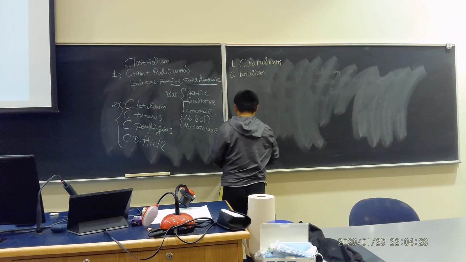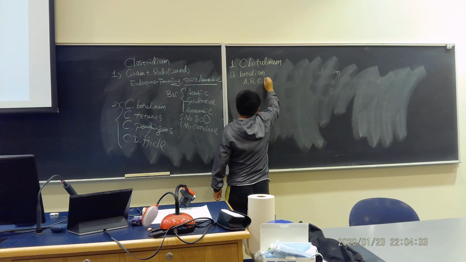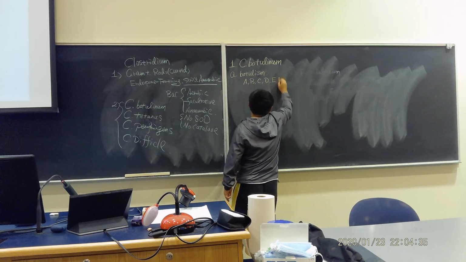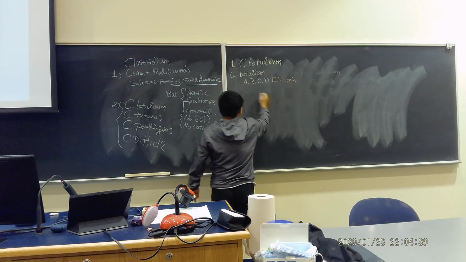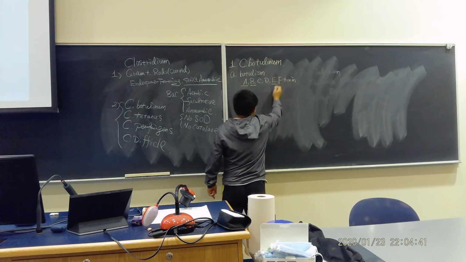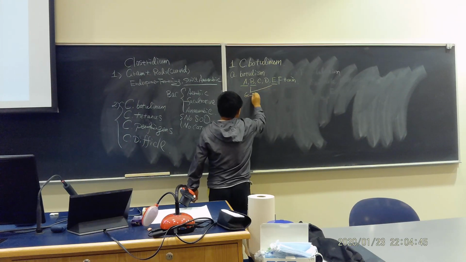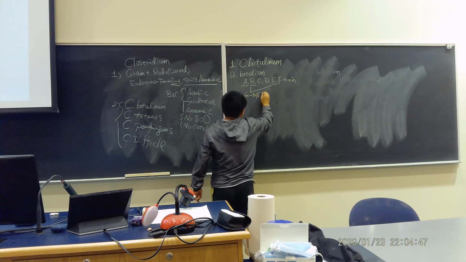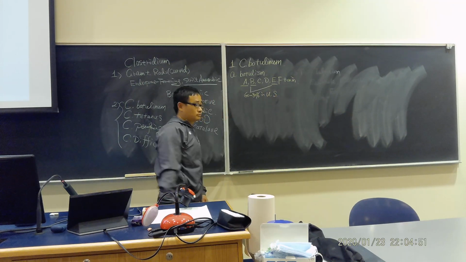There are A, B, C, D, E, F toxins. In the United States, A, B, E are responsible for 60 to 80%.